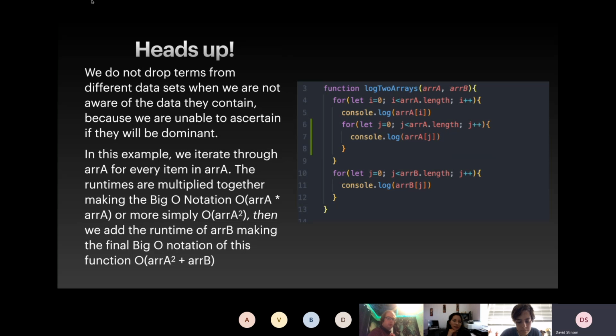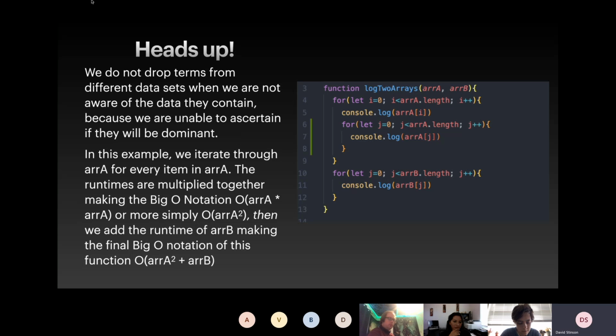So I guess during an interview, we wouldn't say n because the data is different. Right. Whenever you're dealing with multiple sets of data, the n part doesn't really describe what's actually happening with this algorithm.